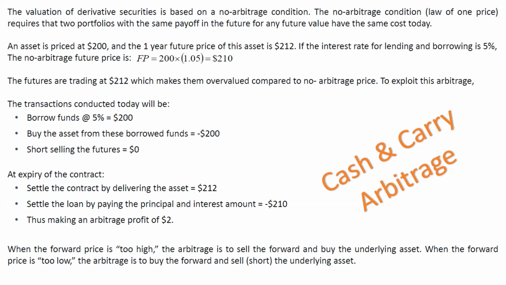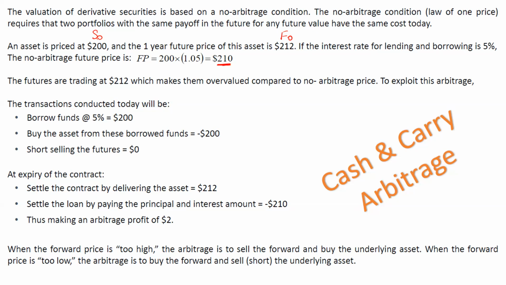Let's say an asset is priced at $200. This is the spot price. I will write here S0. The 1 year futures price of this asset, I will write F0 over here, is 212. The interest rate for lending and borrowing is 5%. So let's calculate the no arbitrage futures price. The no arbitrage futures price should actually be how much?